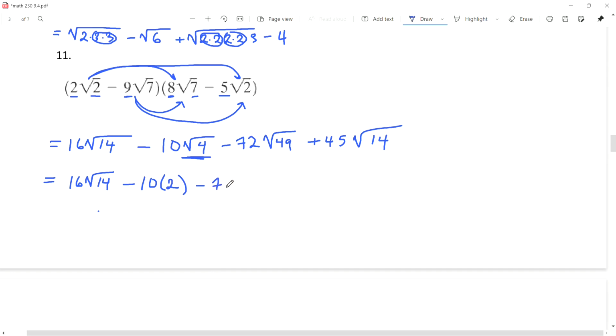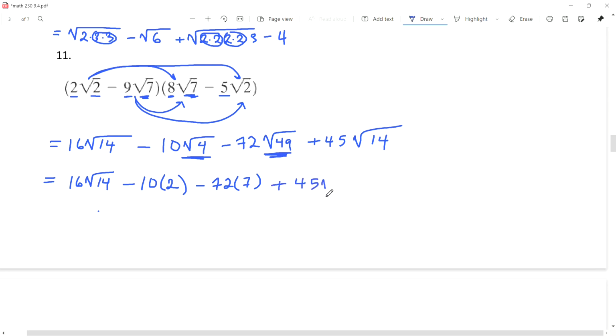We have minus 72, and the square root of 49, that's 7. Again, how did we get that square root of 49? We multiplied the square root of 7 times the square root of 7, which simplifies to 7. So we could skip this step of writing root 49 and just write it as multiplying by 7.